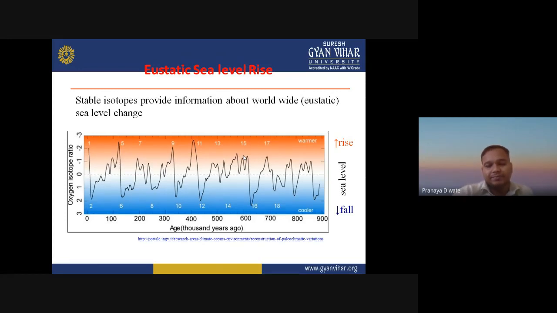And I already suggested to you that carbon isotopes are also important for nutrient supply and what kind of vegetation is there.